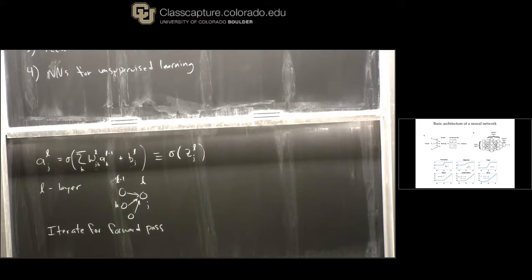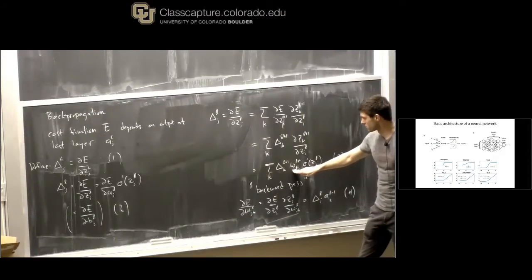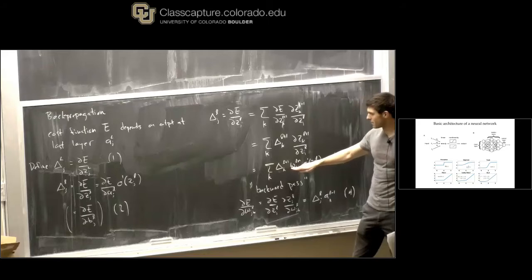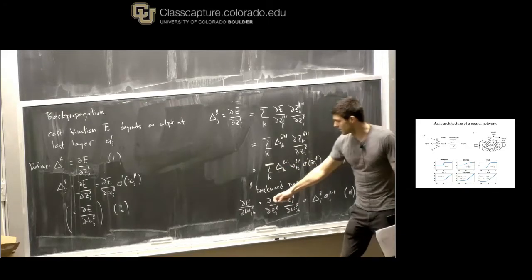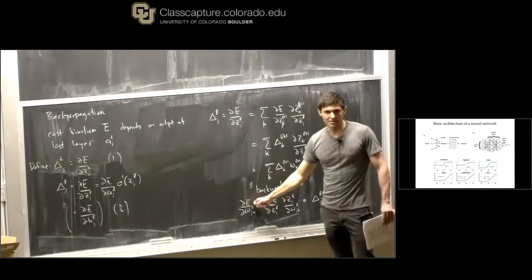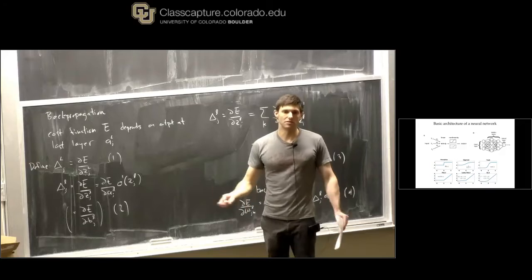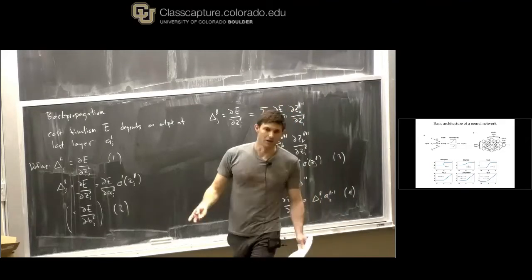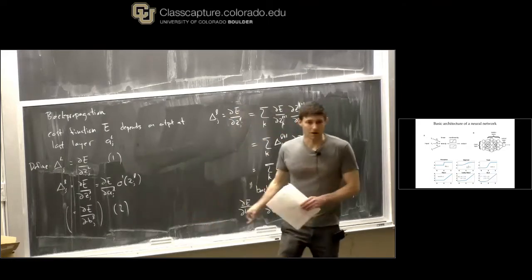this issue of getting an error derivative in a layer being related to the future layer, which has the future W's, but that one itself had the W's in front of that, and so on, means that what's going into here is non-local information. Which certainly, if you want to make an artificial neural network that respected certain constraints of biology, you shouldn't have that probably.